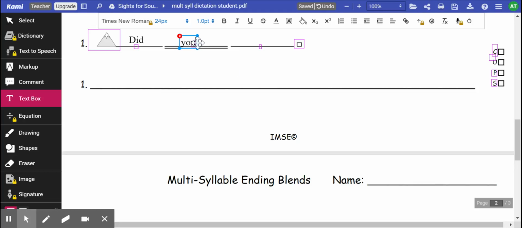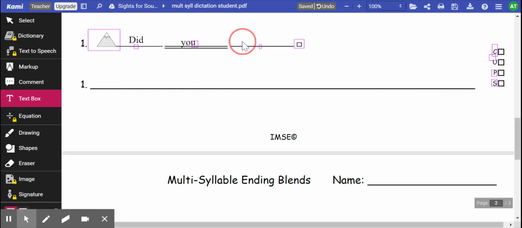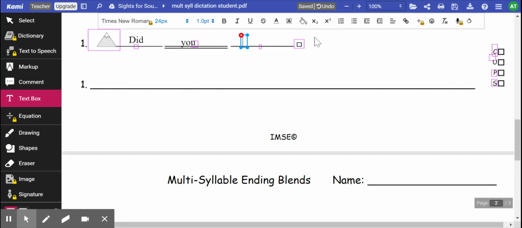The next word is enlist. So syllable by syllable, en-list. So let's start with N. E, N. N says N, and E says E. The second part of it is list.